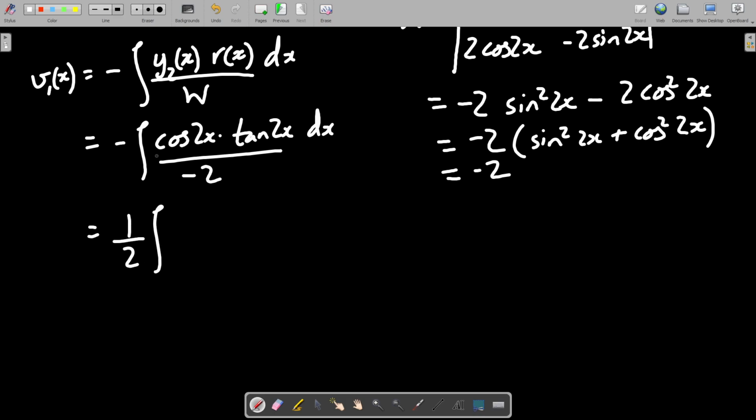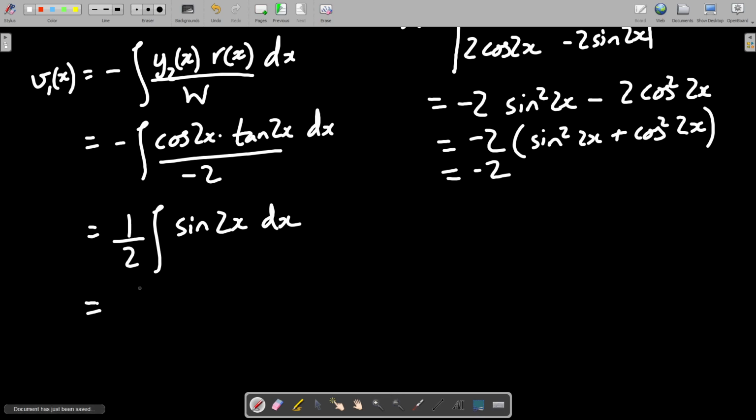Can you simplify cos 2x into tan 2x? tan 2x is sin 2x upon cos 2x, right? So cos 2x will cancel and you will be left with sin 2x dx.